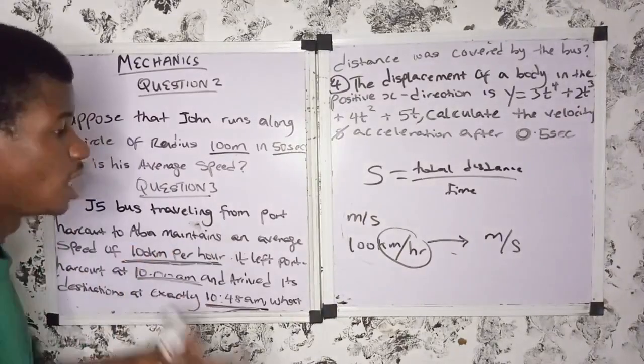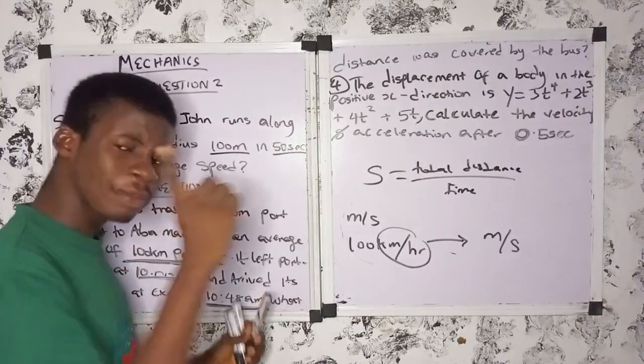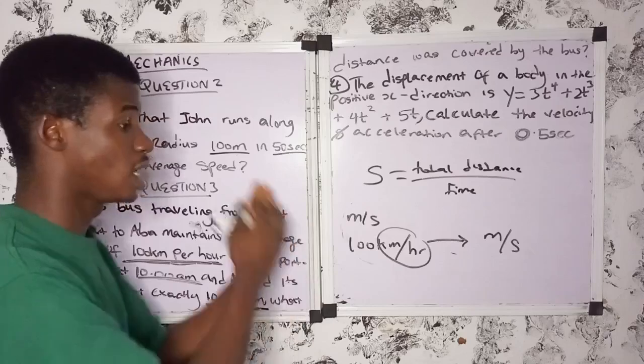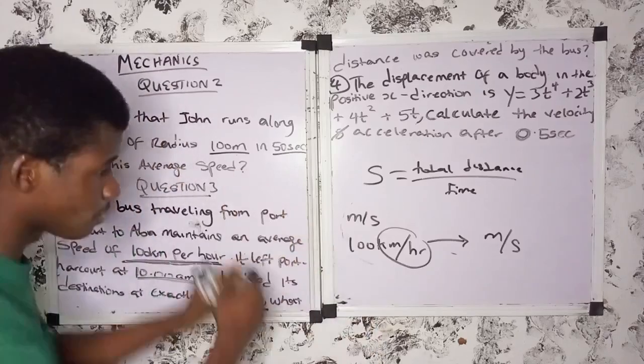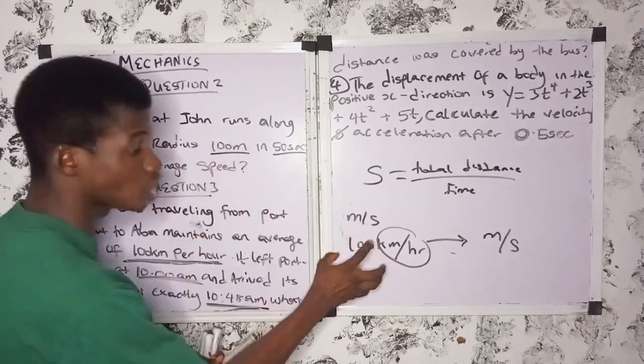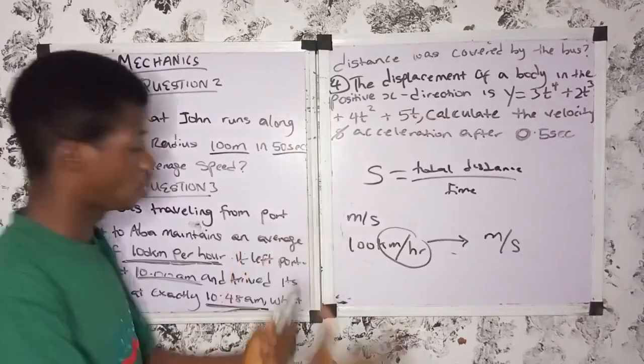Which is very easy. Remember, according to conversion factor, how do we convert from one unit to another unit? In something like this, 100 kilometer per hour, we want to convert to meter per second before we can use it to solve.